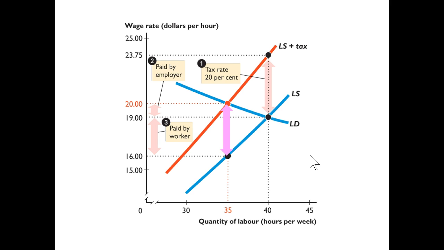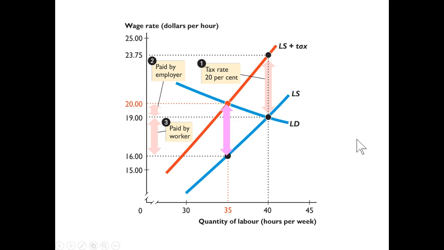So we can see in this case, when we've got a demand curve which is relatively flat or relatively elastic, and supply curves which are relatively inelastic, that when the tax on workers' income is imposed, the burden of that tax falls predominantly on the workers.